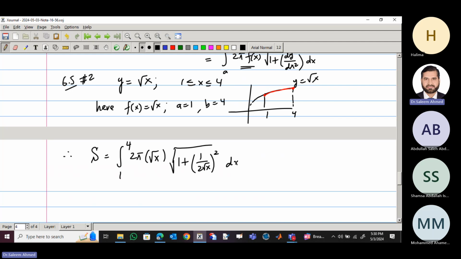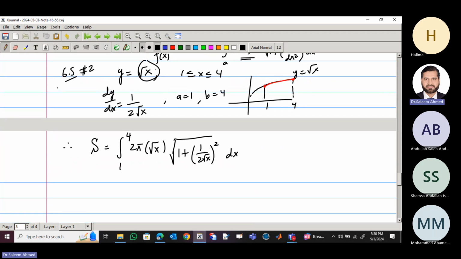So basically, you have to find that derivative as well. This is your y, so your f(x) is this. You need dy/dx as well. So dy/dx is 1 over 2 x to the power minus 1 by 2. So this becomes this.